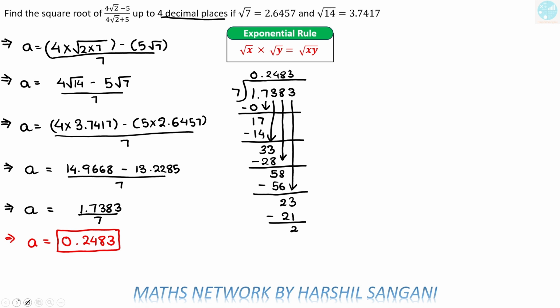If we had been asked to get the answer till 3 decimal places, our answer would have been 0.248. And if we had been asked to get the answer till 2 decimal places, it would have been 0.25, because when we round up the number 0.248, we will get 0.250. So our answer for this question was 0.2483.